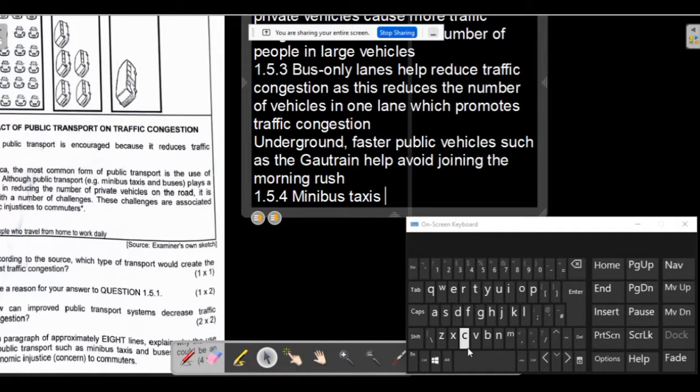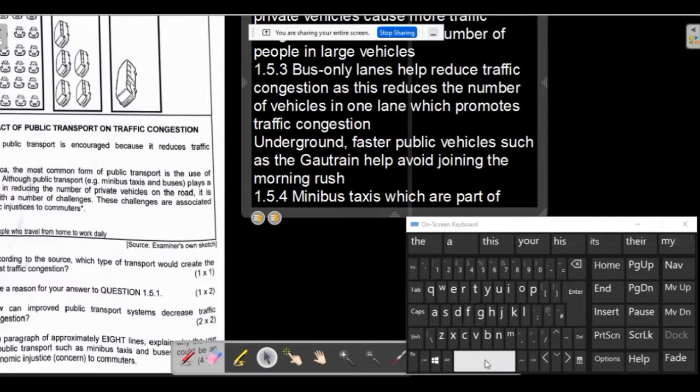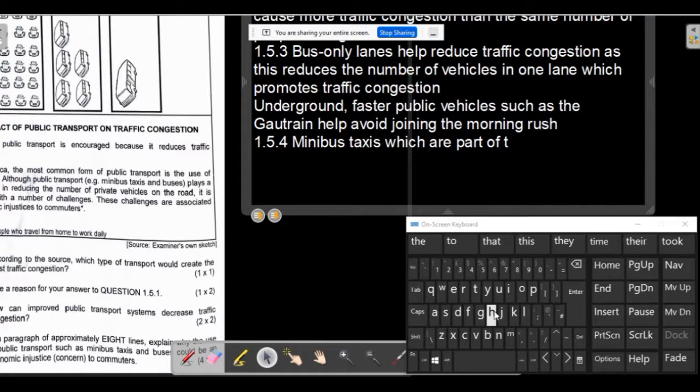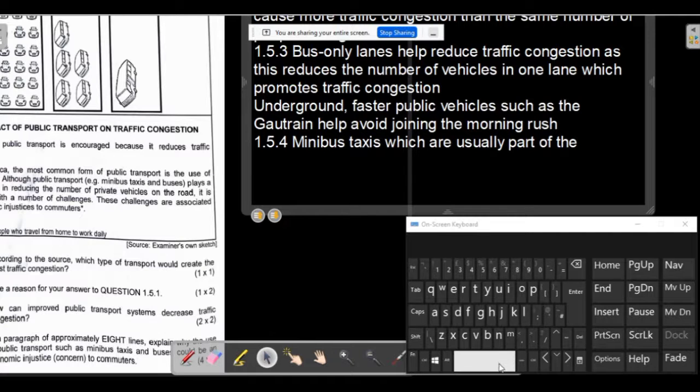They are usually part of the informal sector, because now we see that some cars are actually registered, guys.